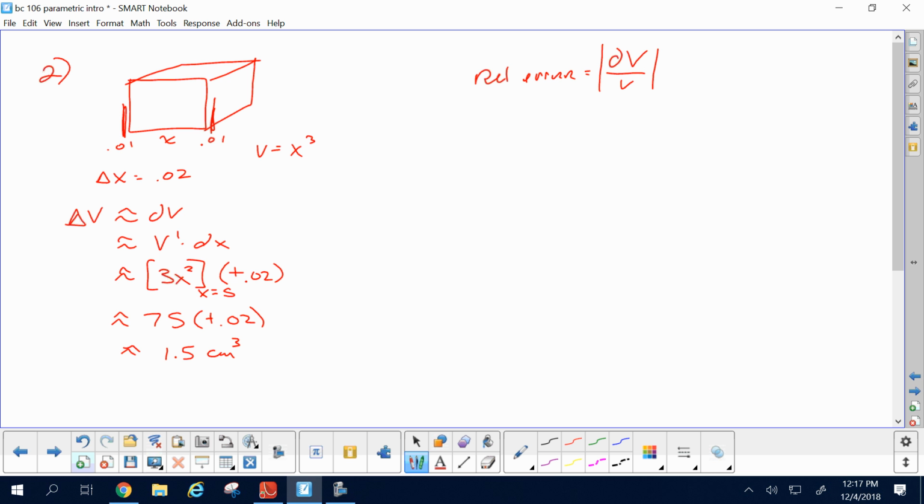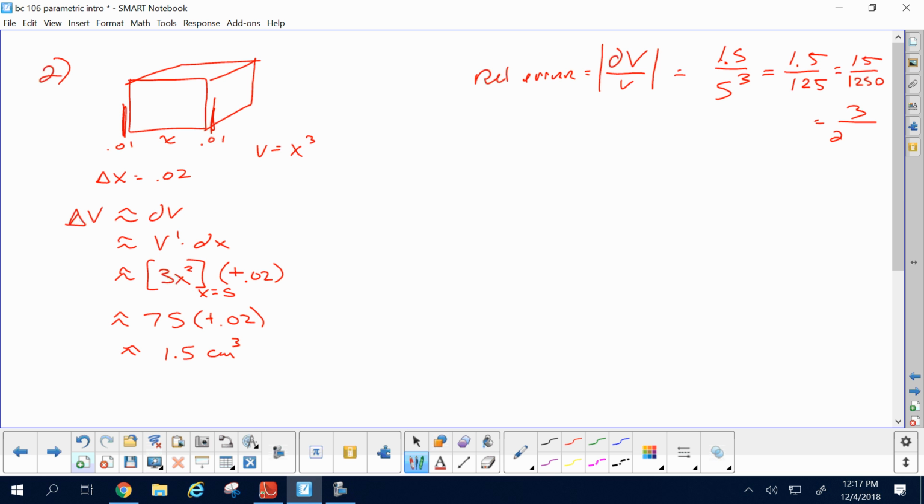Okay, so relative error then would be that error as related to itself, which in this case is 1.5 to 5 cubed. So your relative error should be 1.5 over 125. Or what, 15 over 1,250. You get the idea.